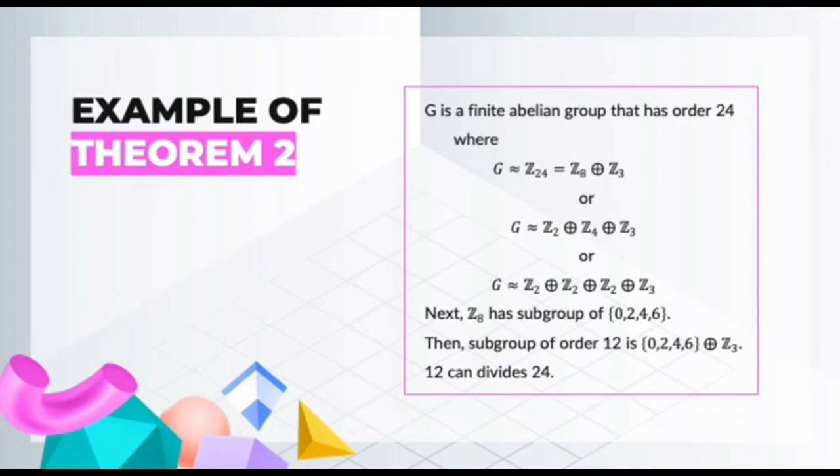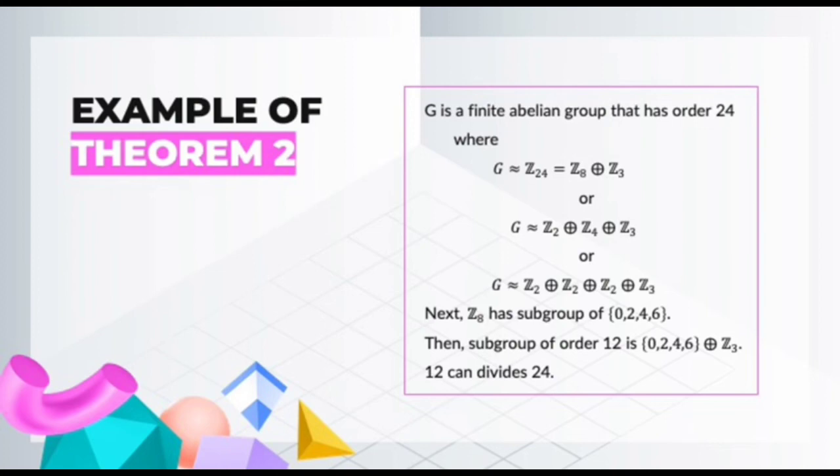Example of theorem 2. G is a finite abelian group that has order 24, where G equals Z24 equals Z8 direct product Z3, or G equals Z2 direct product Z4 direct product Z3, or G equals Z2 direct product Z2 direct product Z2 direct product Z3.